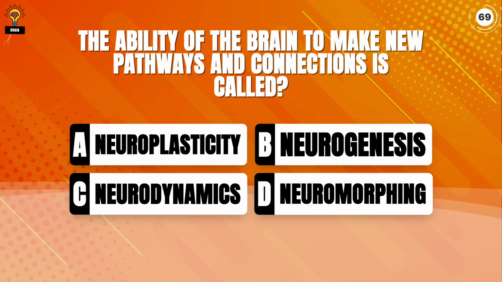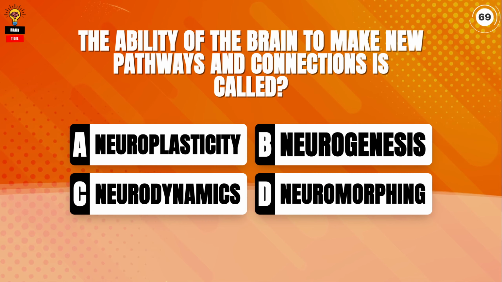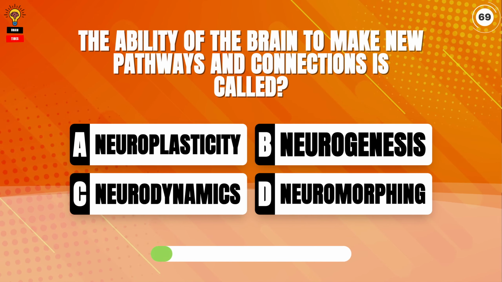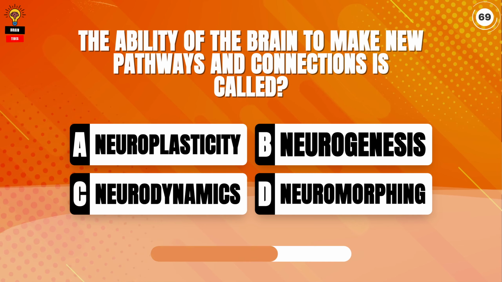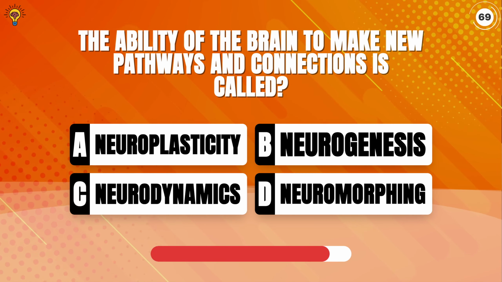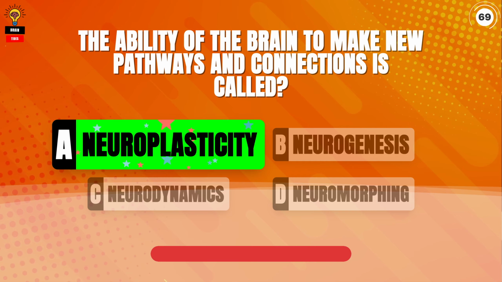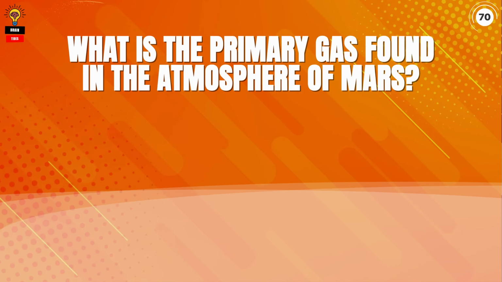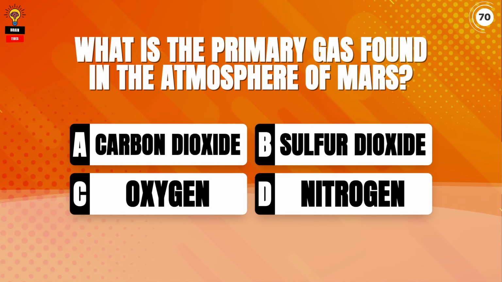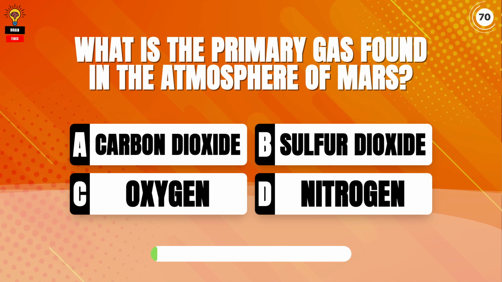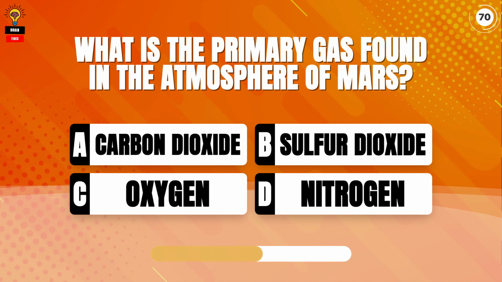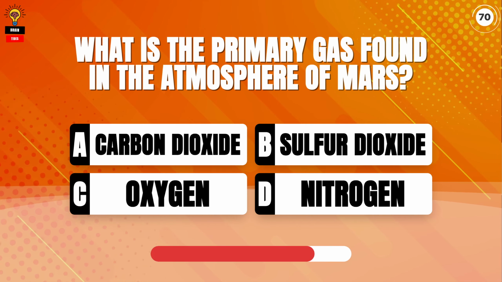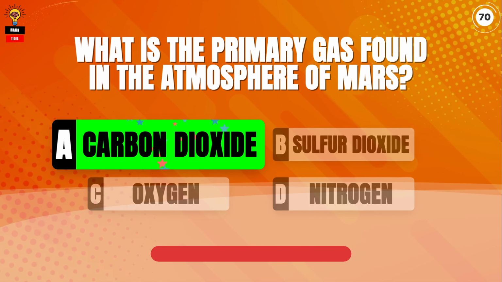The ability of the brain to make new pathways and connections is called? Neuroplasticity. What is the primary gas found in the atmosphere of Mars? Carbon dioxide.